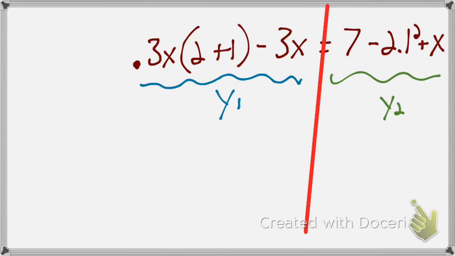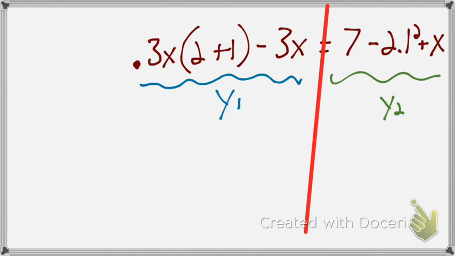And in my calculator, I'm going to hit y equals on the top left, and I'm going to type all of this in under y1. 0.3x(2 plus 1) minus 3x, and then y2 I'm going to say 7 minus 2.1 squared plus x. And I'm going to graph that.